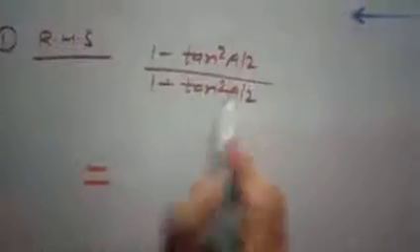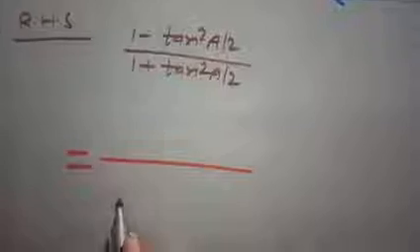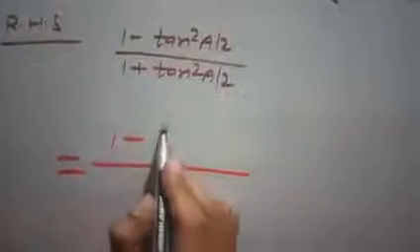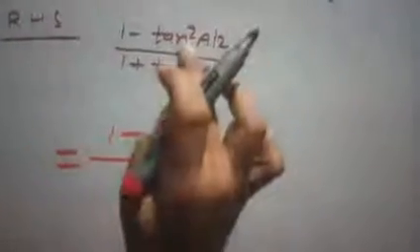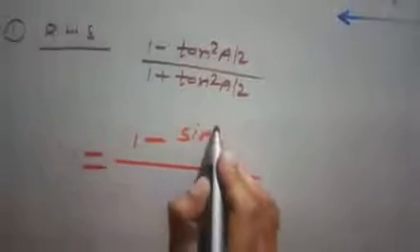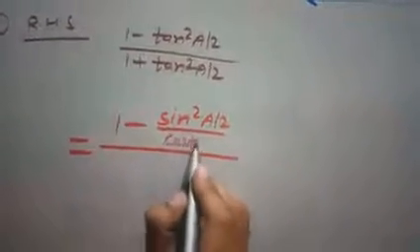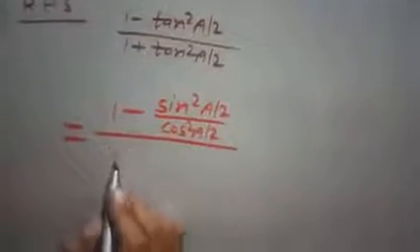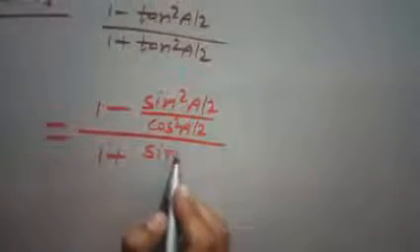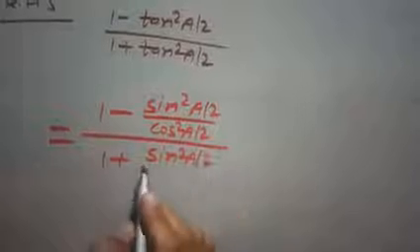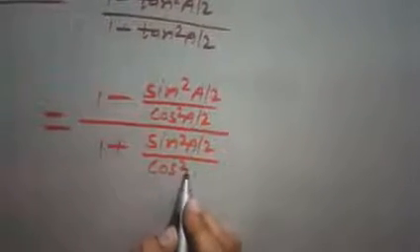So in the first sum, if we take the right hand side, that is (1 minus tan square A by 2) upon (1 plus tan square A by 2). Here, as we know, tan theta is equal to sin theta upon cos theta. So 1 minus sin square A by 2 upon cos square A by 2, and similarly in the denominator, 1 plus sin square A by 2 upon cos square A by 2.